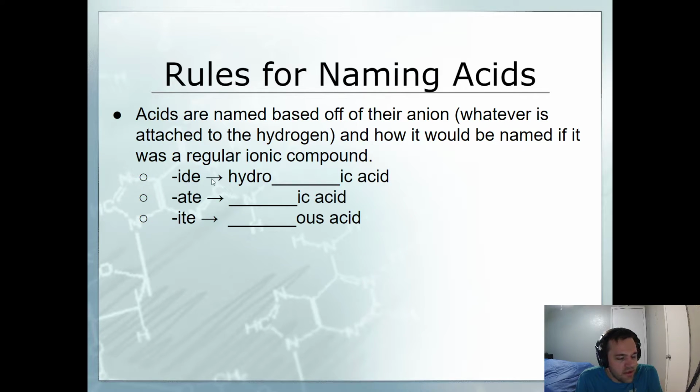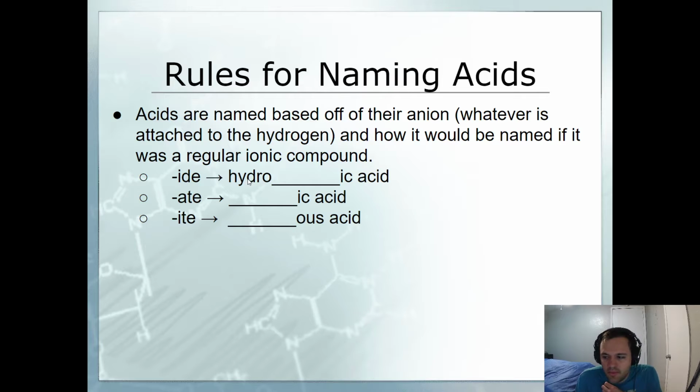If the regular ionic name for it would end in ide, if it was a regular binary, just hydrogen and one other element, then you're going to name it hydro, that element, ic acid. That's a little confusing, but I'll show you an example here in a second.